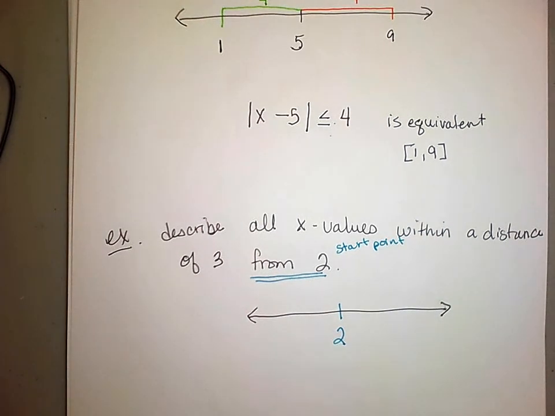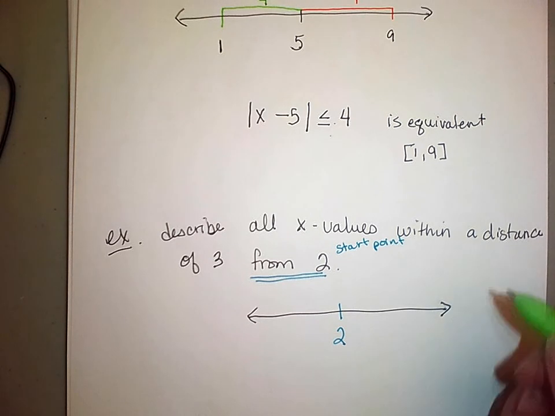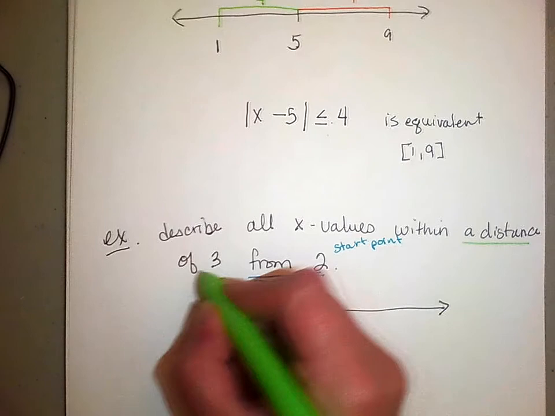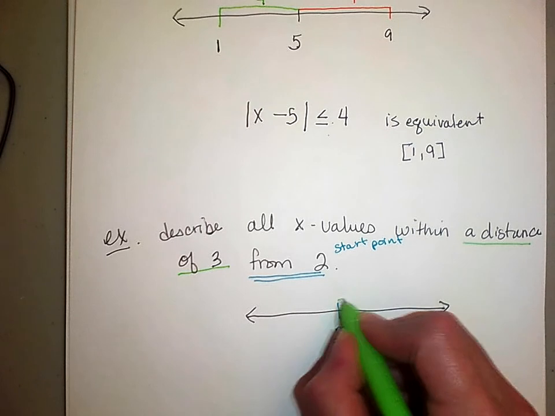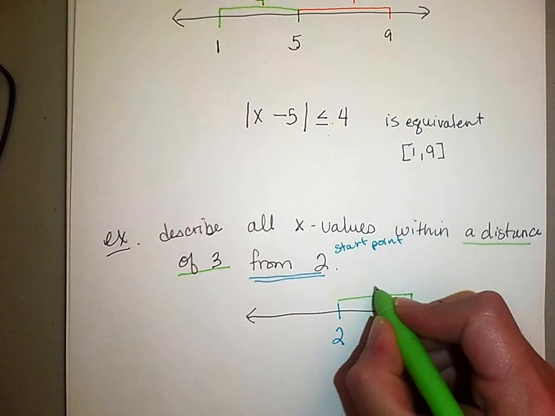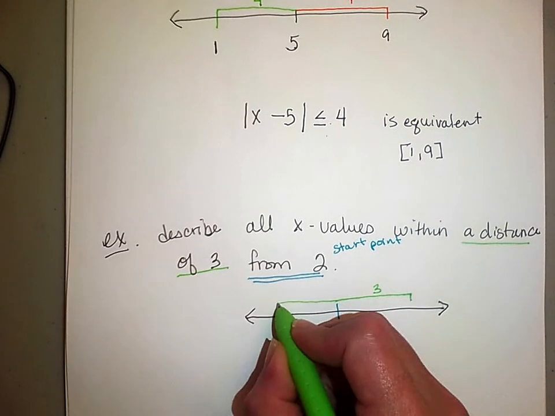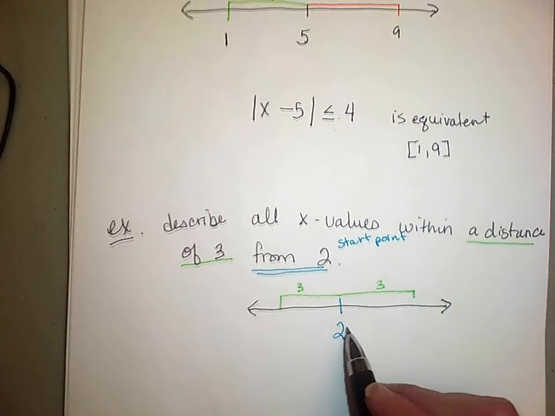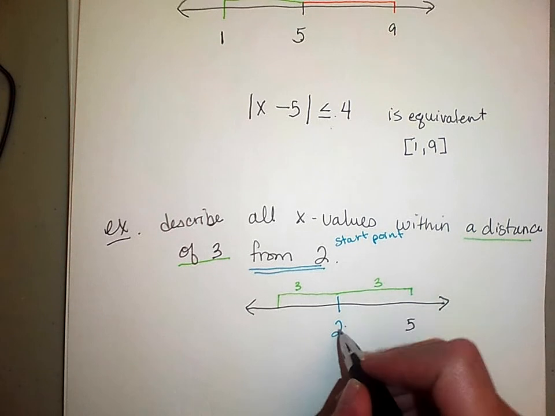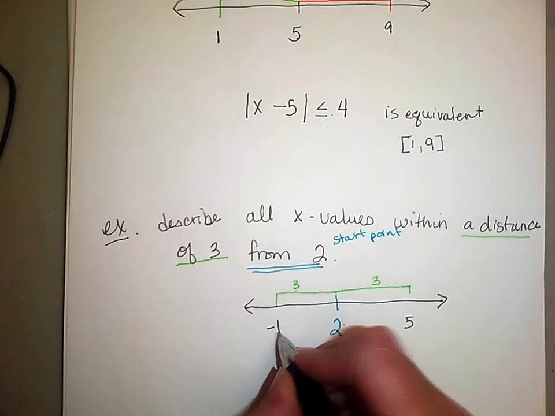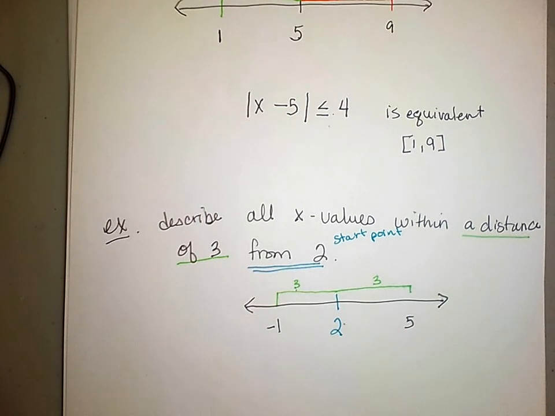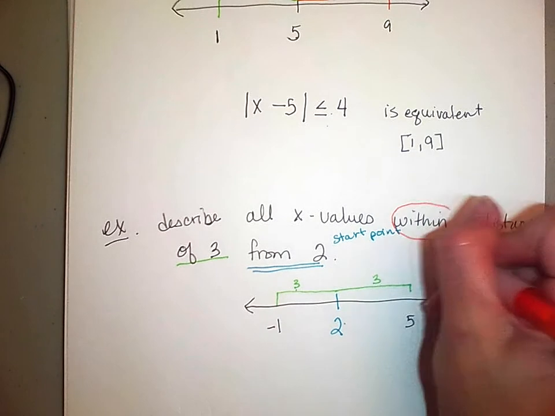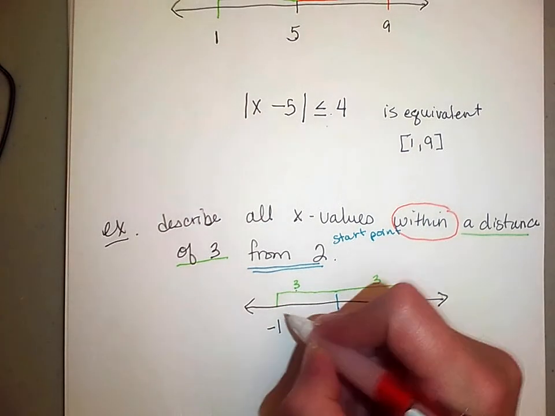Okay, from 2, excuse me, is my start point. Okay? So from 2, I want to know all values a distance of 3. Okay, so I'm going to go here to here is 3, and also in this direction is 3. So 2 plus 3 is 5. 2 minus 3 is negative 1.